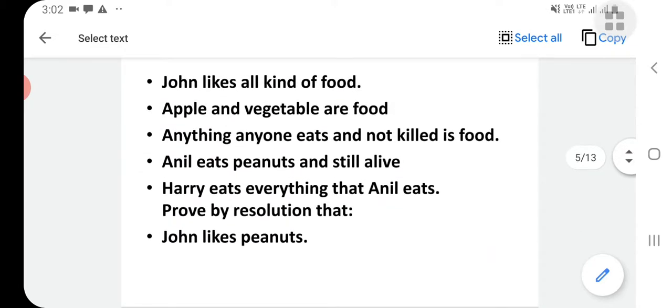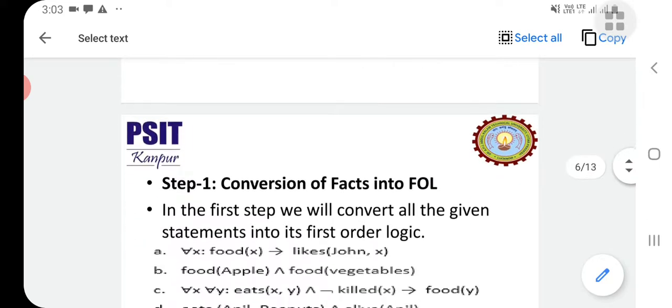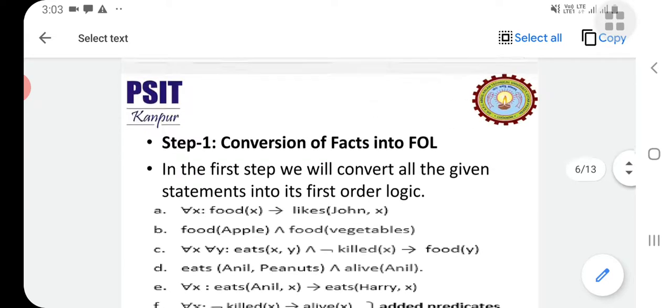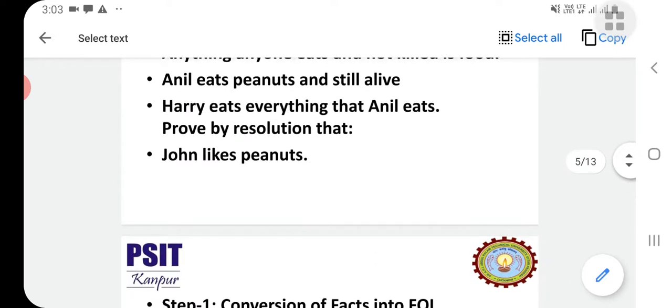Now step E is Harry eats everything that Anil eats. For all x, eats(Anil, x) implies eats(Harry, x). Your statement is Harry eats everything that Anil eats.